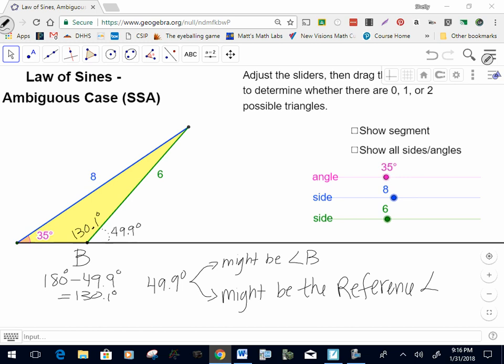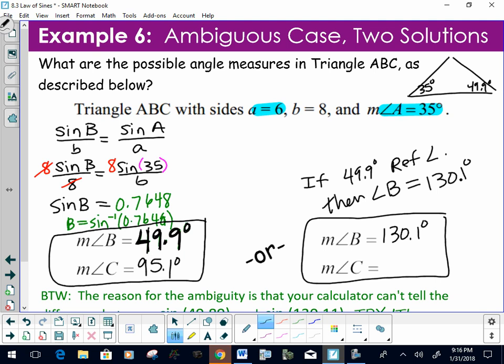In this case, angle C up here at the top is actually a very, very small angle. And again, we can find that last angle by just remembering to subtract those two angles that we know from 180. So I'm subtracting the 35 and the 130.1, and we find that angle C is 14.9 degrees.